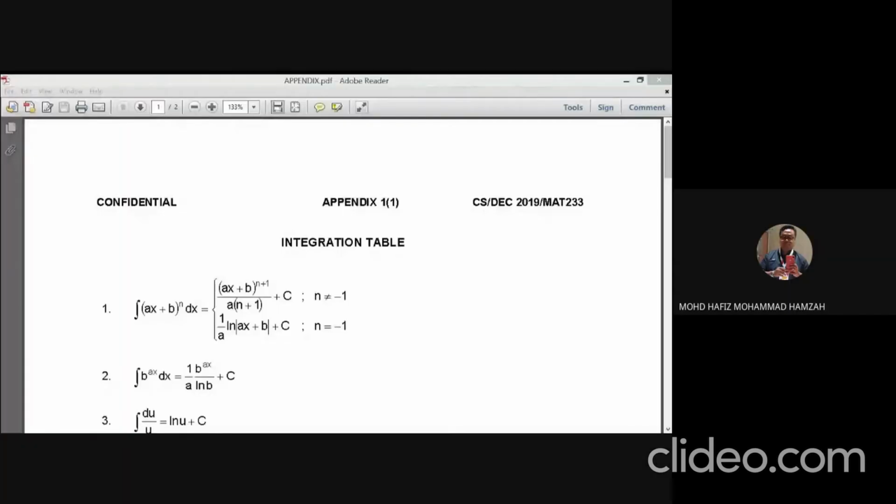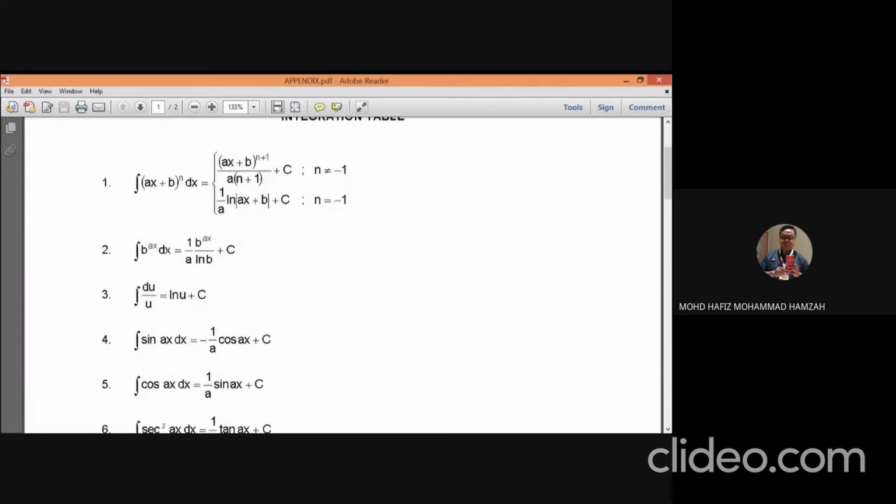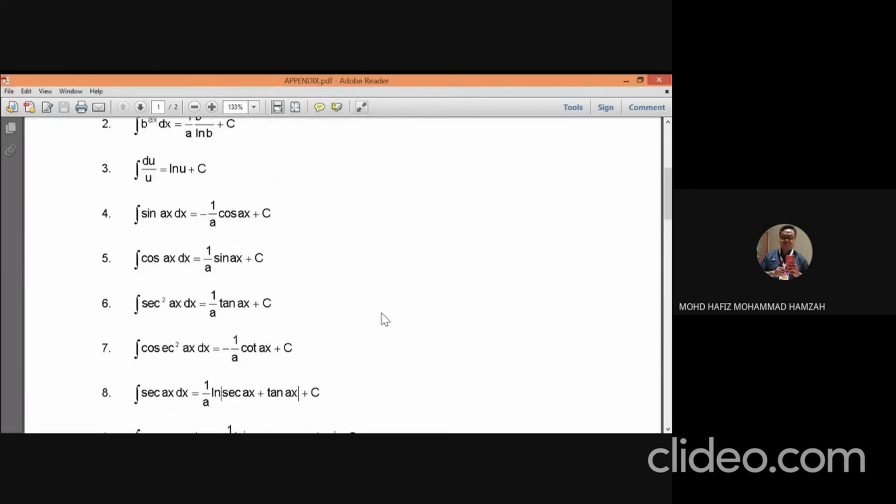Okay, so ini adalah list of appendix bagi Disember 2019. Okay, so the integration table. So these are all the things that you have to know. Okay, so macam mana kita nak dapatkan integration dan differentiation?